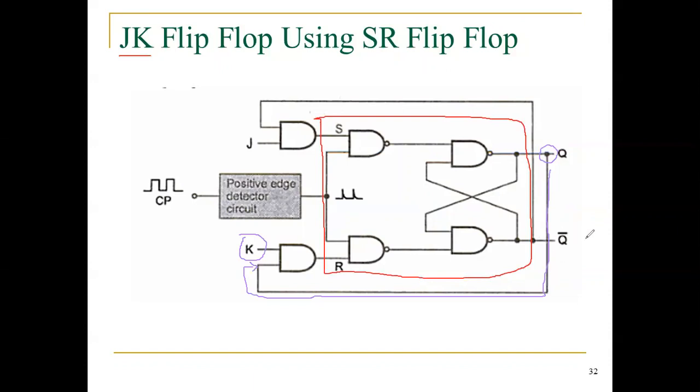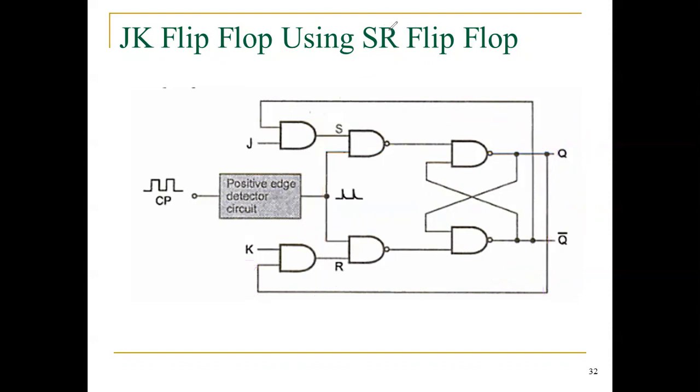Similarly, my Q bar output is taken and given to one of the inputs of the AND gate on the J input side. The outputs of these two AND gates are given to the SR inputs. That's all. Nothing new to you.